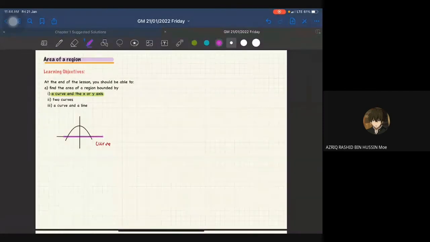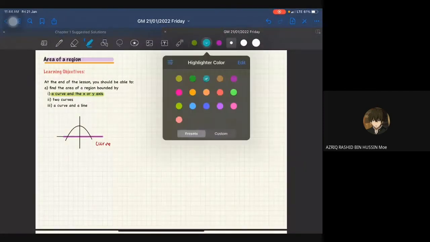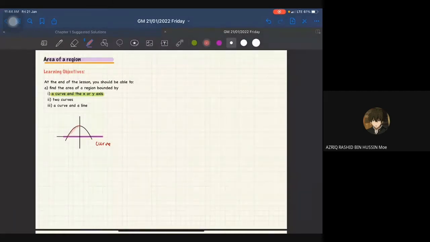Okay, so x-axis yang bawah, curve yang atas. So apa kawasan yang tertutup, itu adalah area yang kita nak cari. Okay, so in this case, the bounded region is this one. So ini adalah kawasan yang kita nak cari sebenarnya. Okay, so ini adalah case yang pertama, a curve dan x-axis.